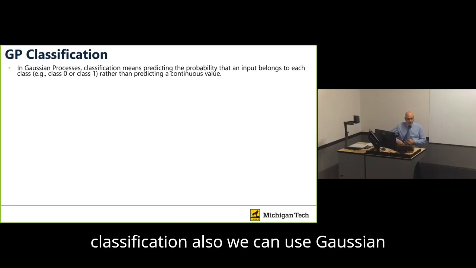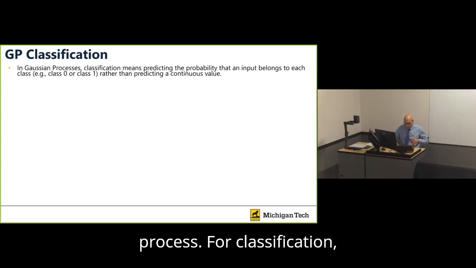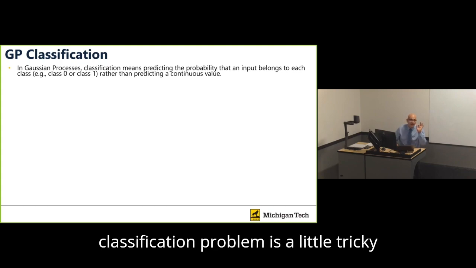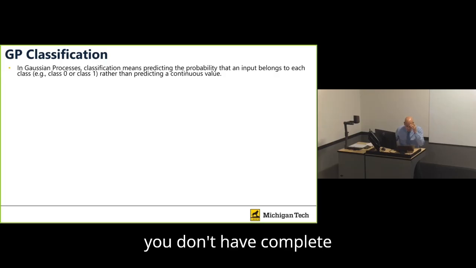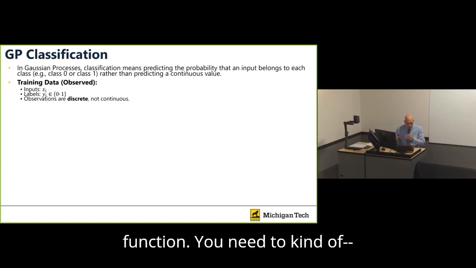Okay, so for classification we can also use Gaussian process. The classification problem is a little tricky, because in classification you don't have a complete function.